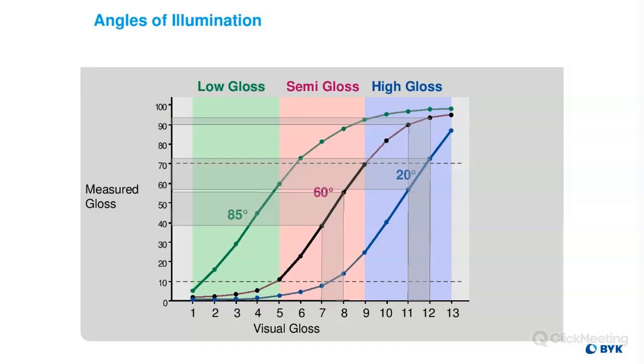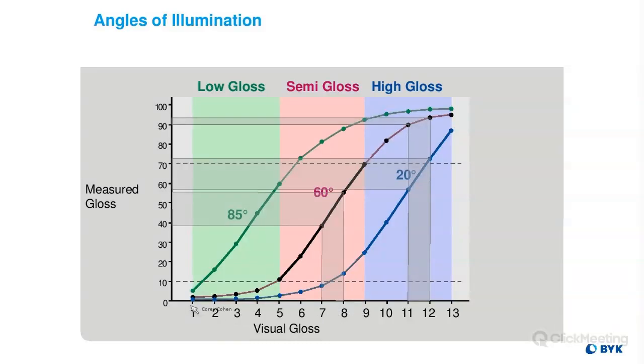So this is always a handy little graph that I like to show. What we have here on the horizontal axis are 13 gloss panels of increasing steps. And we're going to say that those steps are visually equal to each other. So visually, the gloss difference between, say, the 11 and the 12 is the same as the gloss difference between the 7 and the 8.